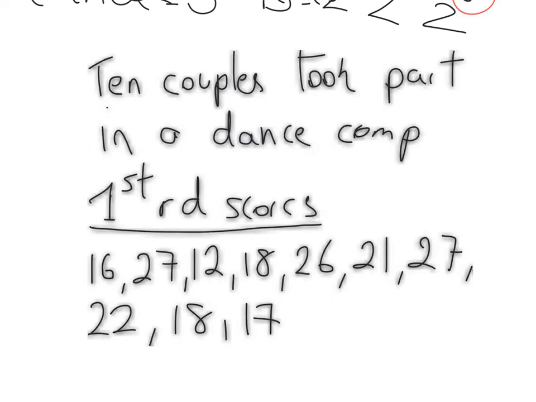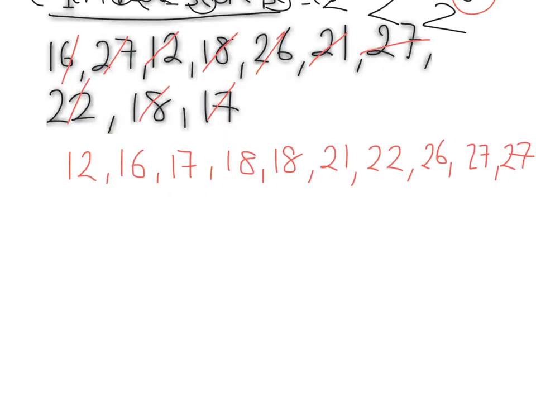First thing I need to do to get going is to put the numbers into numerical order. Okay, the numbers in numerical order. I then do a check, so I've got 1, 2, 3, 4, 5, 6, 7, 8, 9, 10 numbers. So since 10 is an even number, to get the median, Q2, that will lie in between two numbers.